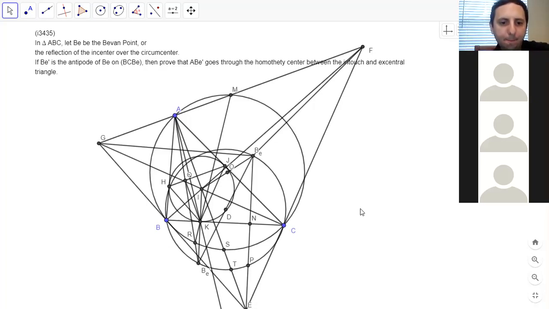So KBE is the same as NP. So yeah, I also like the idea of showing that AR and BE prime are collinear.